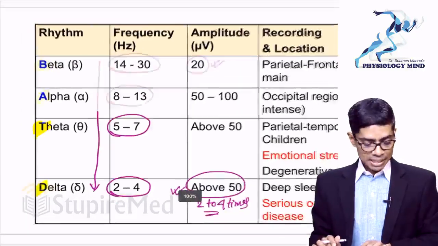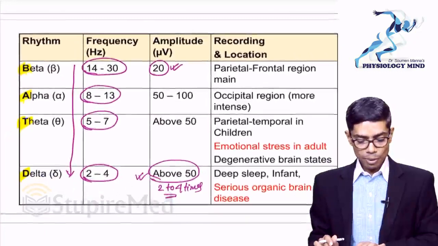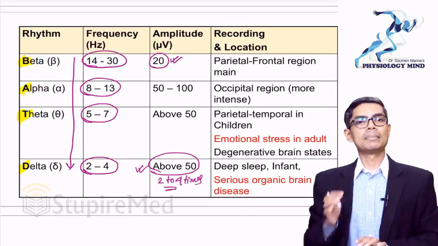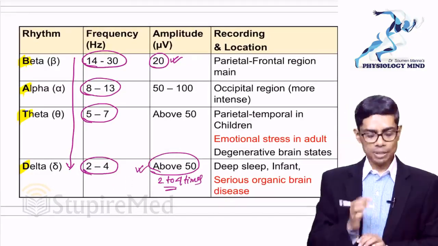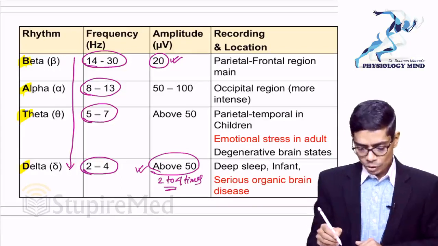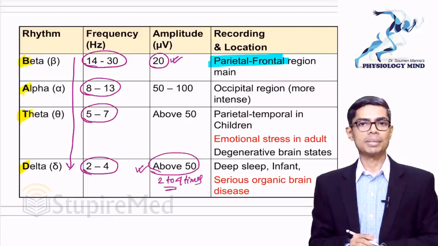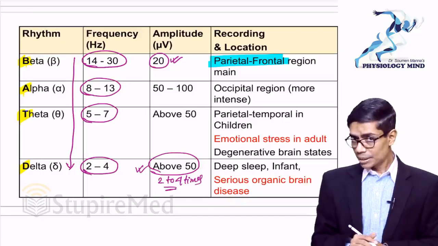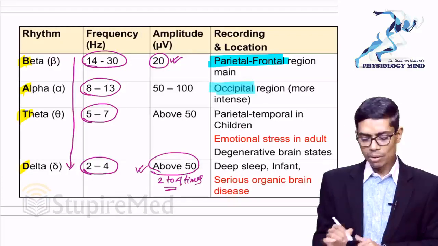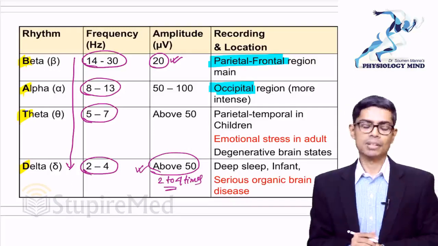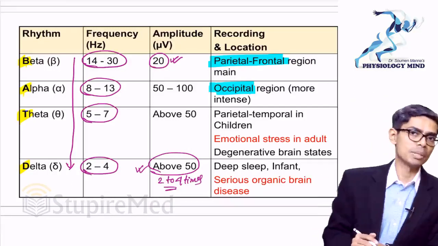Now beta wave is more prominent in the frontoparietal region of the brain. So beta wave is more prominent in the parietal-frontal region of the brain. Alpha wave is more prominent in the occipital region of the brain, more intense, more prominent.